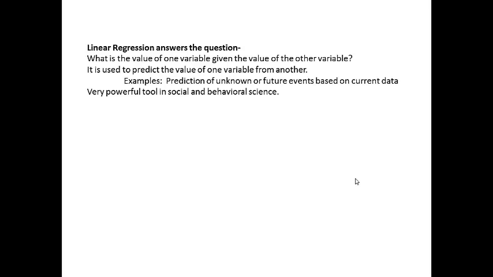Linear regression answers this question. What is the value of one variable given the value of another variable? It's used to predict the value of one from another. We can predict unknown or future events based on current data, and it's a very powerful tool. As nurses, you've probably used this type of statistical judgment many times.